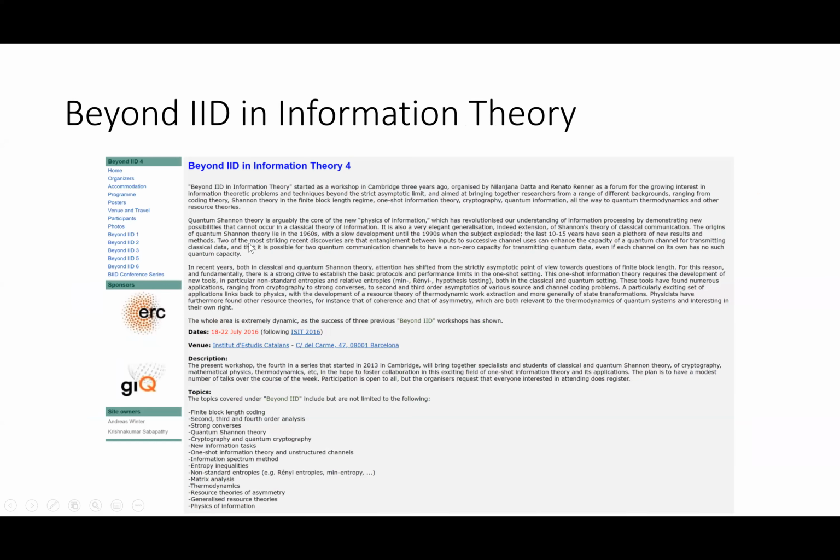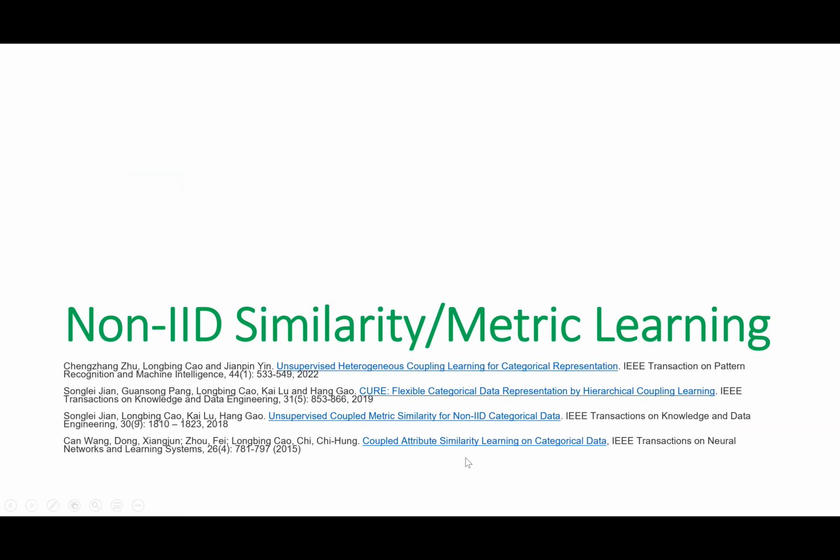And in a separate group, actually, they work on something called beyond-IID information theory. If you are interested, you can find some of the workshops they organize, where they talk more broadly about how to incorporate other theories into information theory or enhance the current IID-based information theory. So that's the first part. I actually tried to slow down and focus on the concept and make it clear.